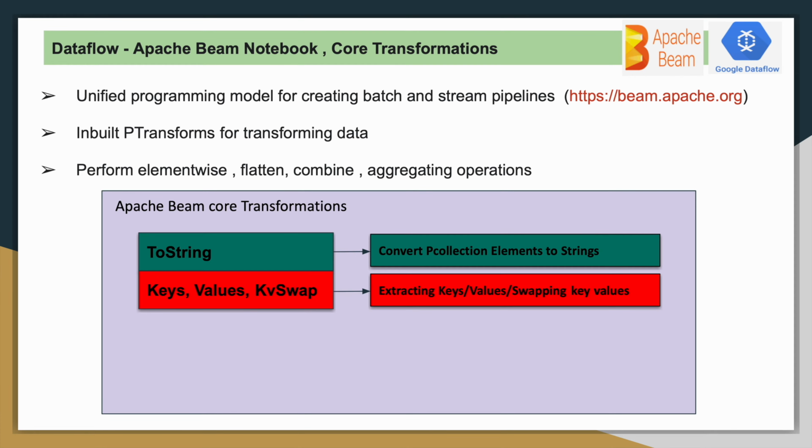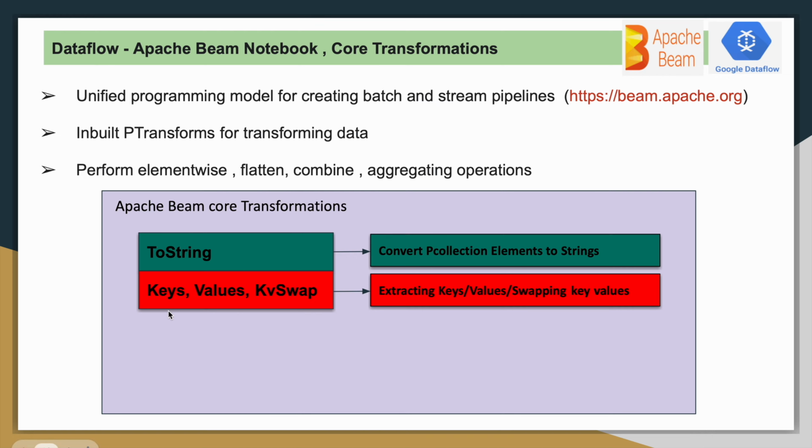The second is a group of transformations for key-value pair data. For example, say there is key-value pair data available in the PCollection, in the form of a dictionary or tuple in Python terminology. If you have to extract only keys from the element, then you will be using the Keys transformation.